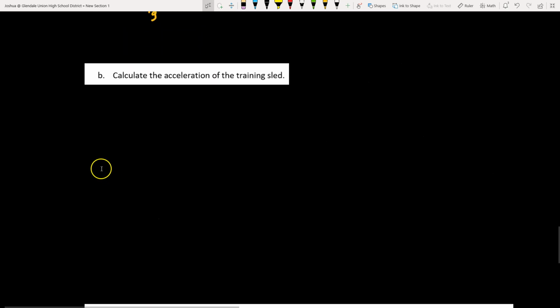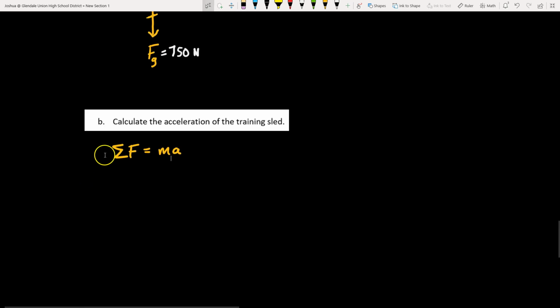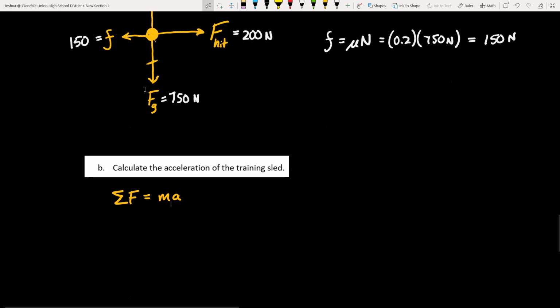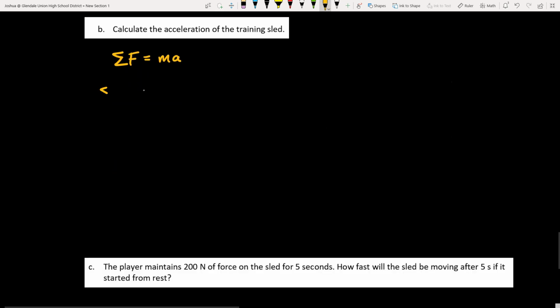Okay, part B, calculate the acceleration of the sled. Well, remember, if I know all the forces, Newton's second law tells me I can calculate the acceleration. So in the y direction, up and down, they all cancel each other out. So that's not going to help us at all. All right, so there is no net force in the y, which means all that net force must be coming from the x direction.